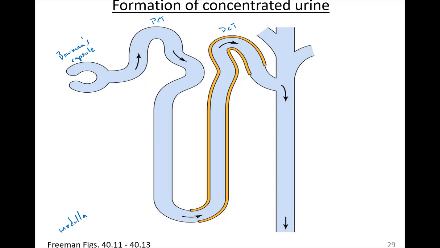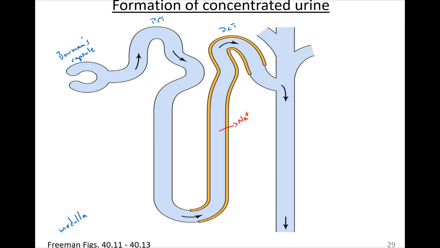So instead of starting with the so-called descending limb of the loop of Henle, I'm actually going to skip ahead and talk about what happens in the ascending limb, where fluid is moving back from the medulla up toward the cortex. Because in this section, there is active transport of solutes.